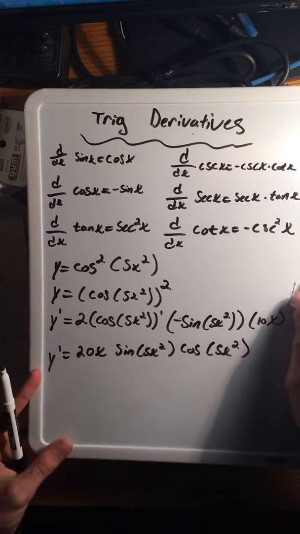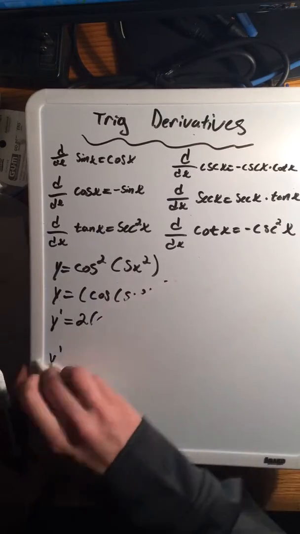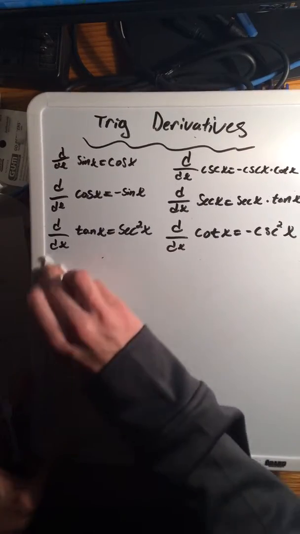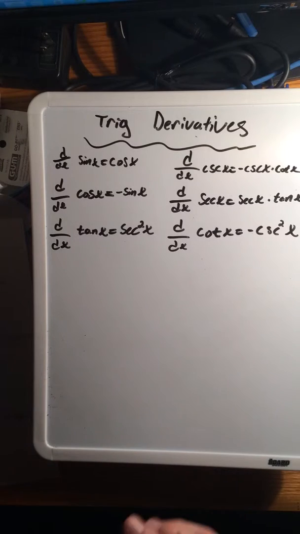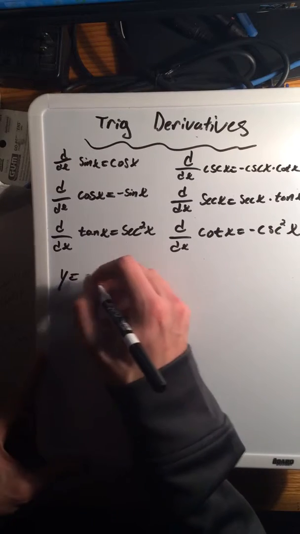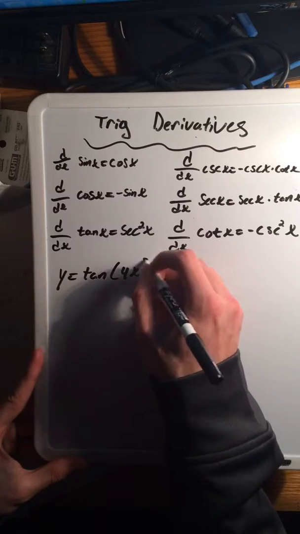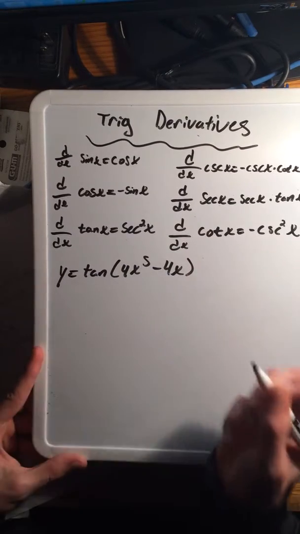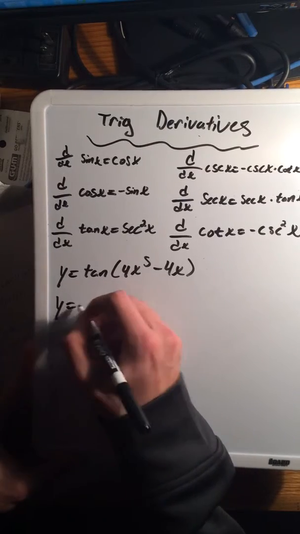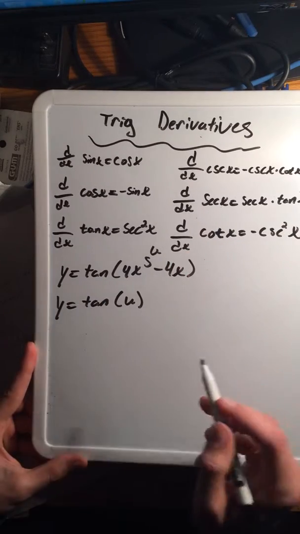Now I'm going to show you an example for tangent. y equals tangent of 4x to the 5th minus 4x. So find the derivative. I'm just going to rewrite it real quick. y equals tangent of u. Remember, this is u.